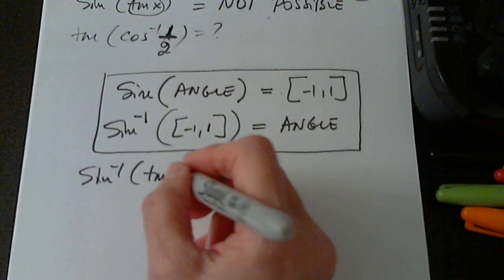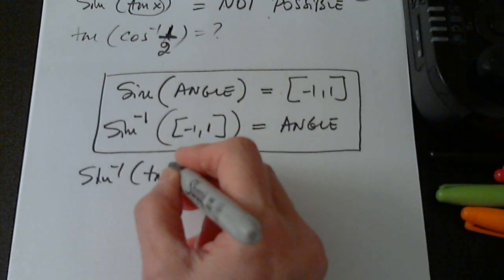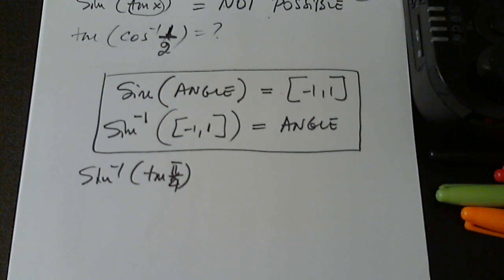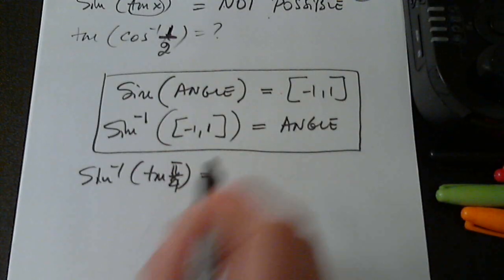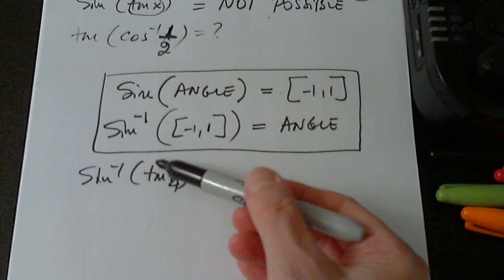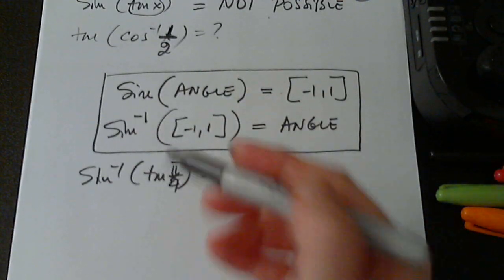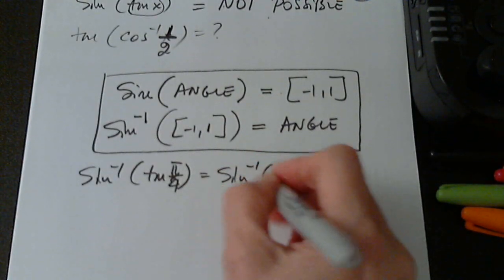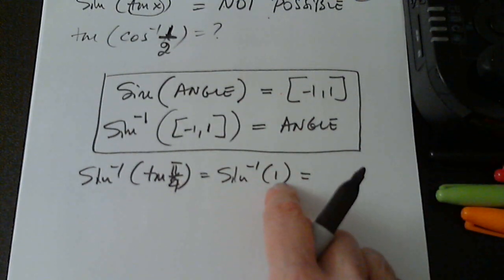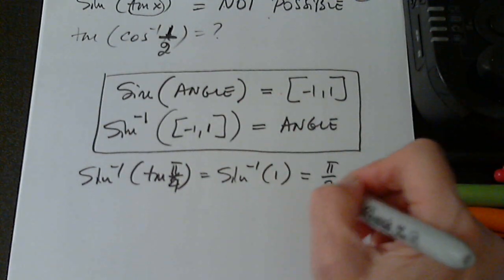So let's put tangent pi over 4, as an example. In this particular case, I know that tangent pi over 4 is the nicest number of all because sine and cosine are the same number. So then I have sine inverse of 1. And I know that there is an angle whose sine is 1, and that is pi over 2.